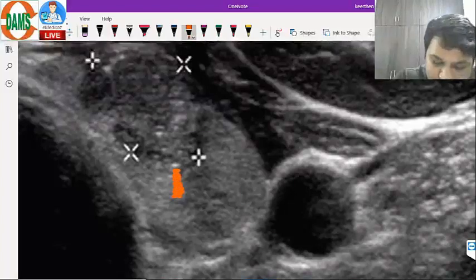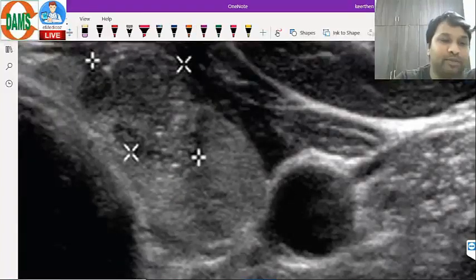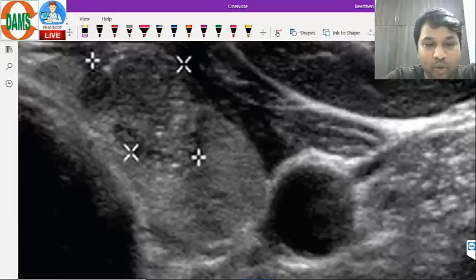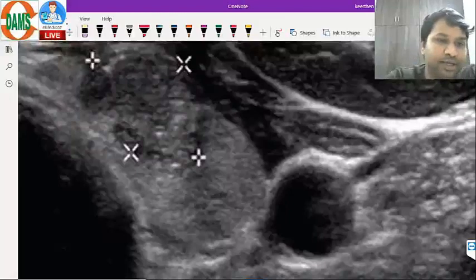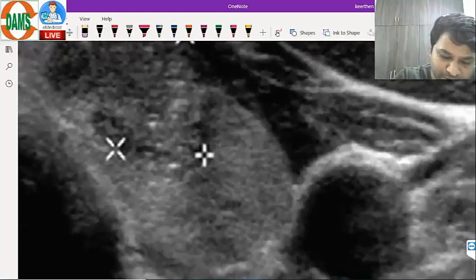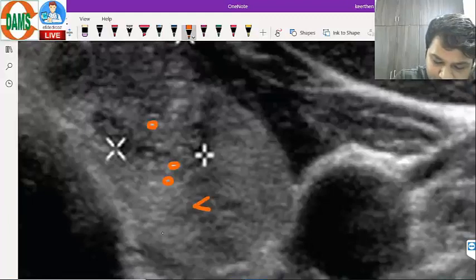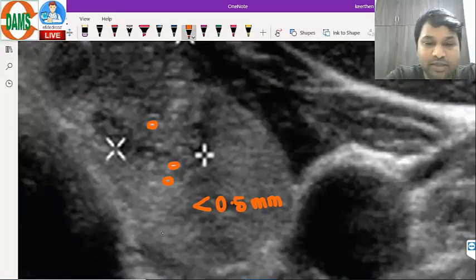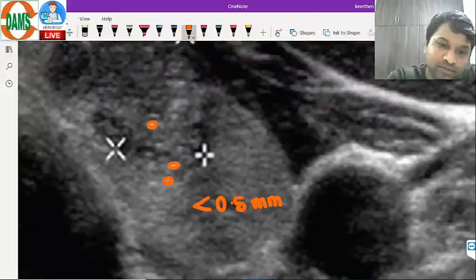Usually it is present, but it is absent in papillary cancer thyroid. Because the calcifications are very tiny, less than 0.5 millimeters in size, they are called microcalcification.